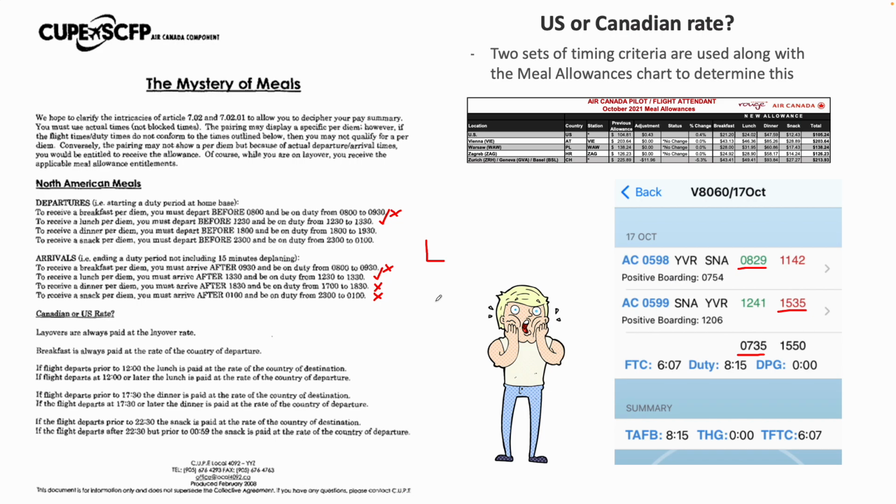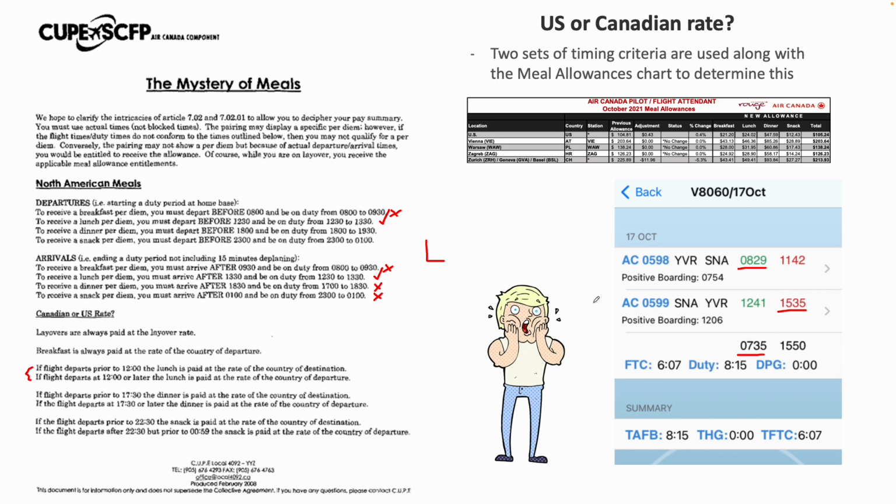The second question that we have to ask ourselves is whether this lunch per diem is paid at the Canadian rate or if it is paid at the United States rate for that lunch. So we have two sets of criteria. And the second has a decision tree here where it asks us if the flight departs before noon or if it departs at noon or later.